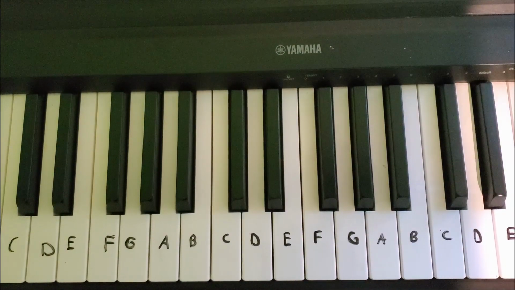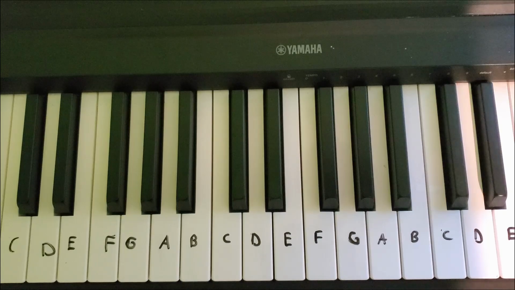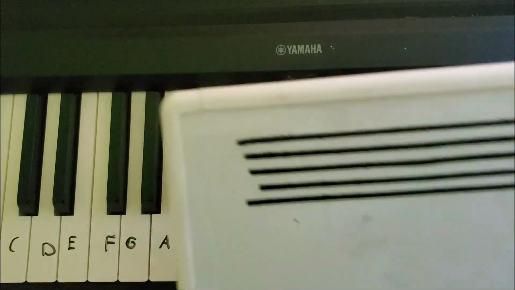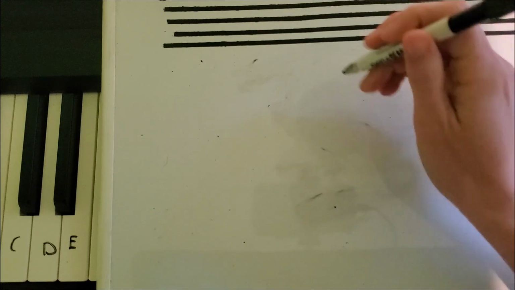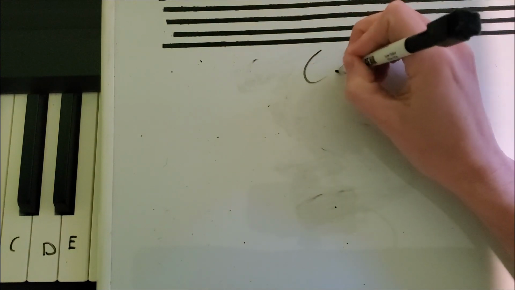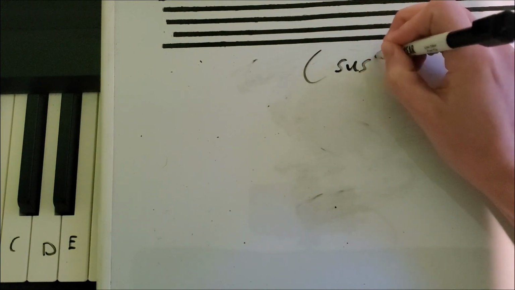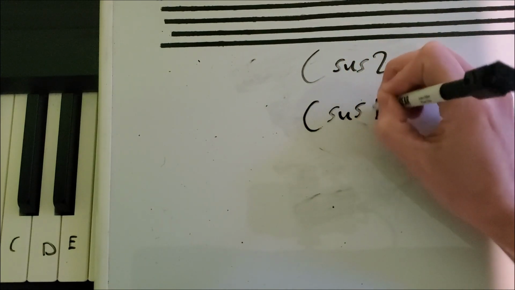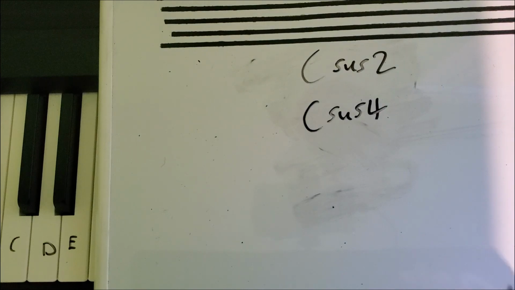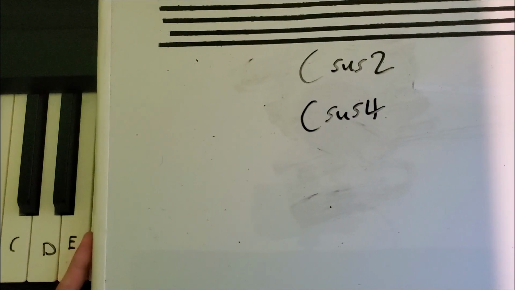Now, you might see some sus chords, and those could be written like, the most common ones are going to be a sus2 or a sus4. So you might see something like C sus2 or C sus4. So what are those?